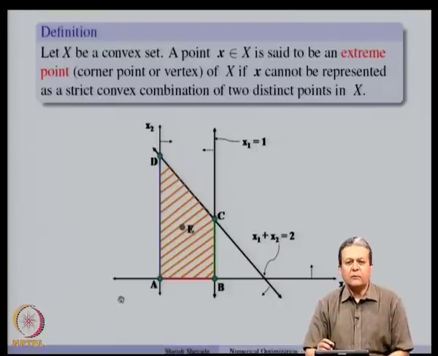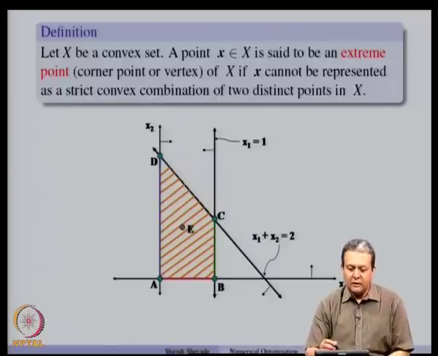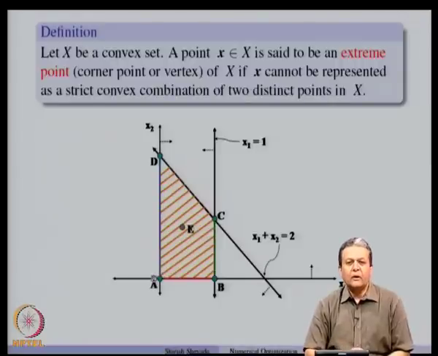Now, let us consider the same feasible set that we had seen earlier. This feasible set is a convex set. Let us take a point A. This point A cannot be represented as a strict convex combination of any two distinct points in the set X. The same is true for the points B, C and D. But if you look at E, E can always be represented as a convex combination of two points in the set.